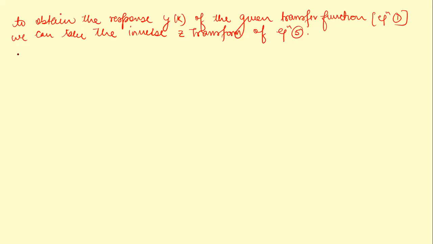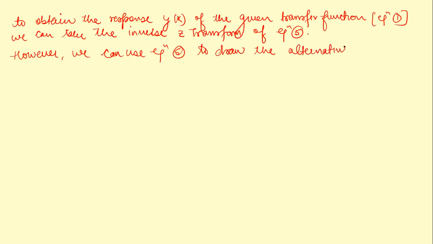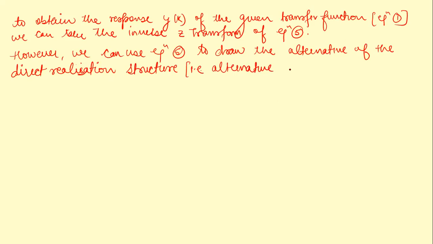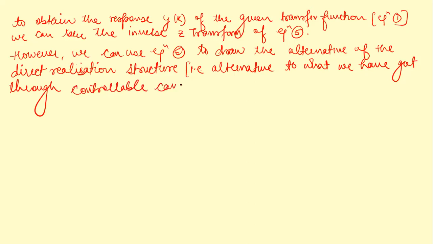However, we can use equation 5 to draw the alternative of the direct realization structure, that is alternative to what we have got through the controllable canonical form, right?